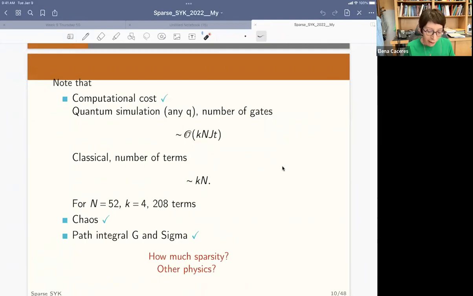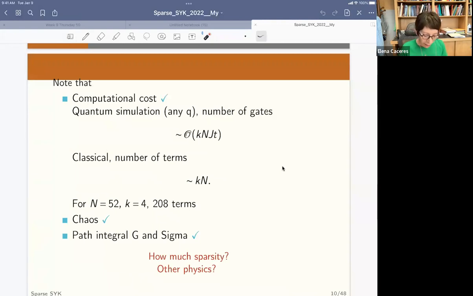And for classical simulations, which are the ones I am interested in, the number of terms goes just like kN. So instead of having millions of terms, as we did for, say, N equals 52, with a parameter of k equals 4, we only have hundreds of terms. So the computational efficiency of the sparse SYK is really great. It allows us to do many more things.